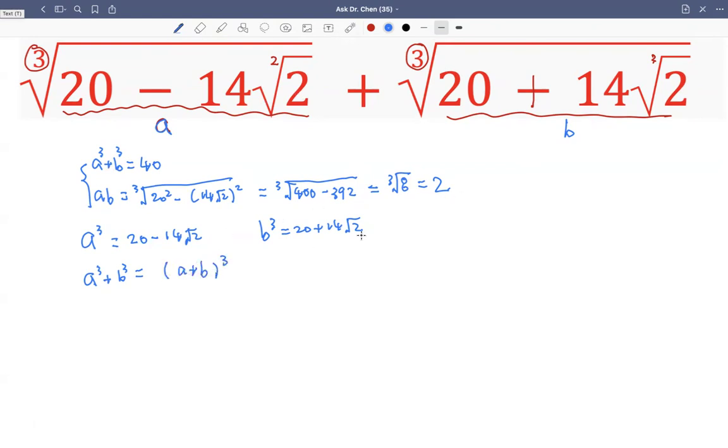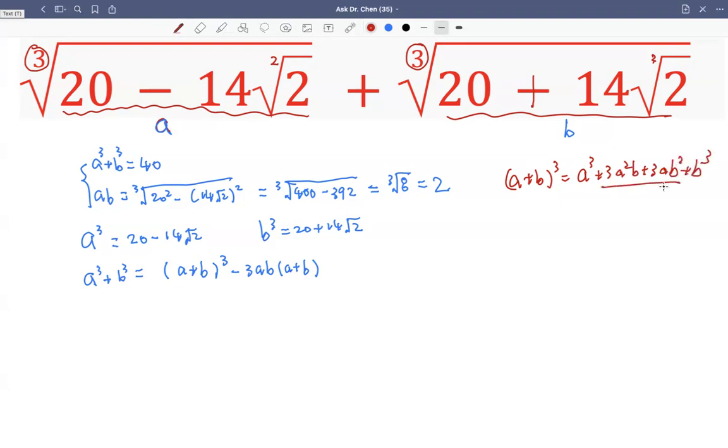minus 3AB times A plus B. If we remember, this is the middle term of the cube. A plus B cube is A cube plus 3A squared B plus 3AB squared plus B cube.